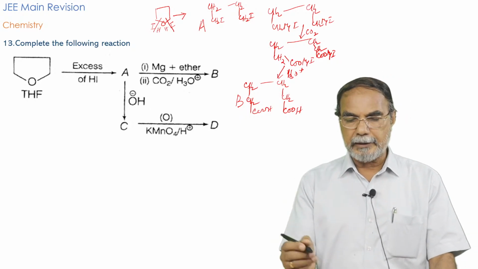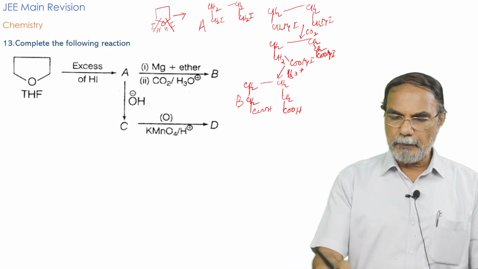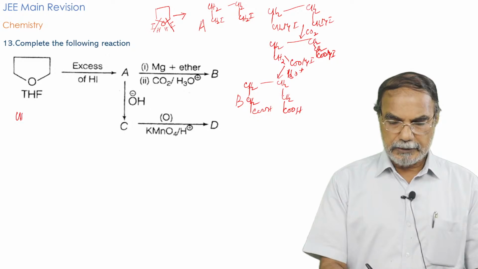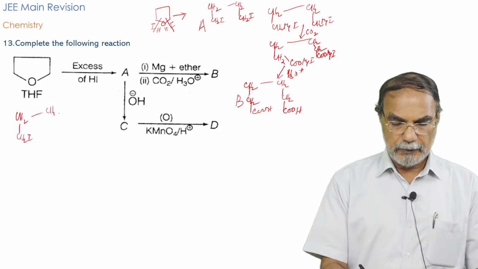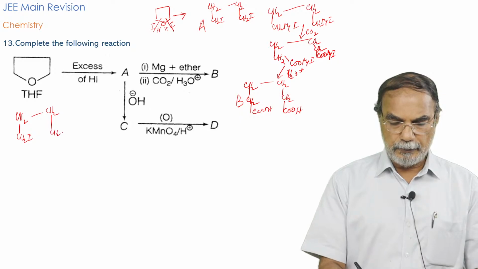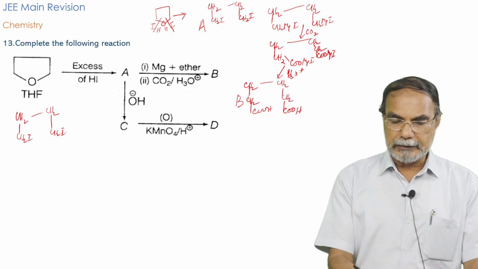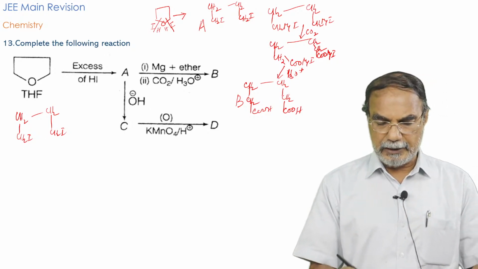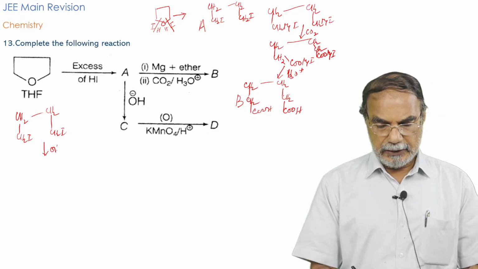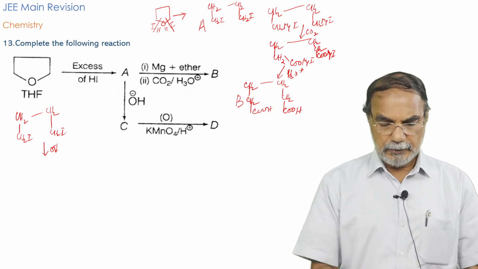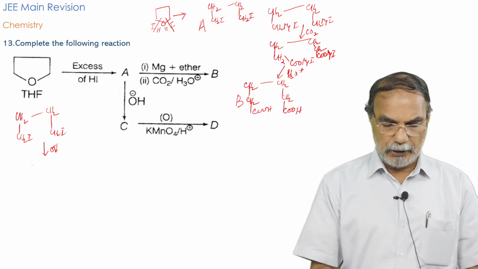Now, what are C and D? Given compound A, CH2I, this is the compound. So this compound is subjected to the reaction with alkali. It's an alkyl halide, and reaction with alkali means a simple SN reaction by means of which the I will be replaced by OH.